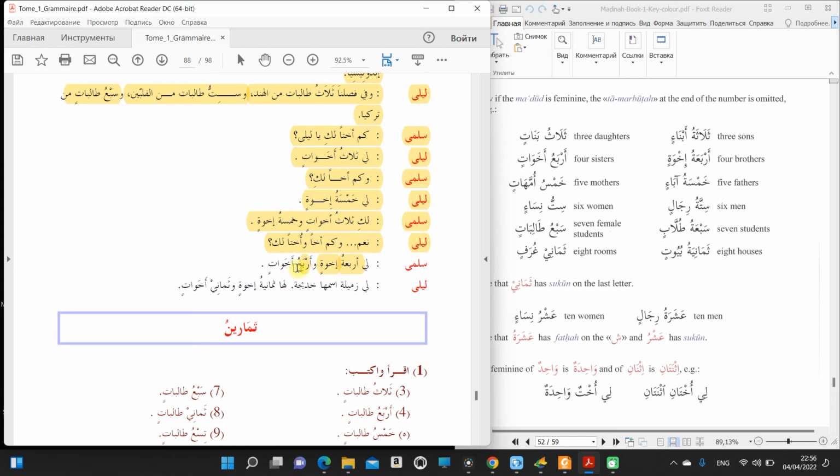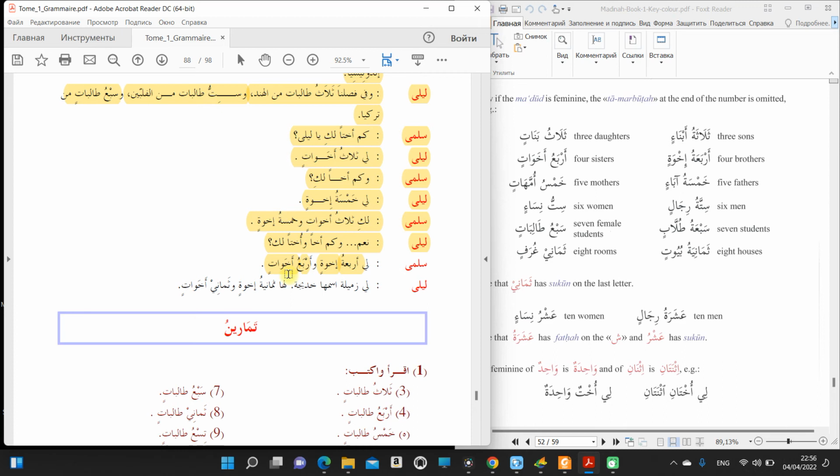Wa arba'u akhawatin. Just the second you heard her say arba'u without ta marbuta, you already know that she is going to talk about something feminine, because ta marbuta is omitted. Arba'u akhawat, and I've got 4 sisters.